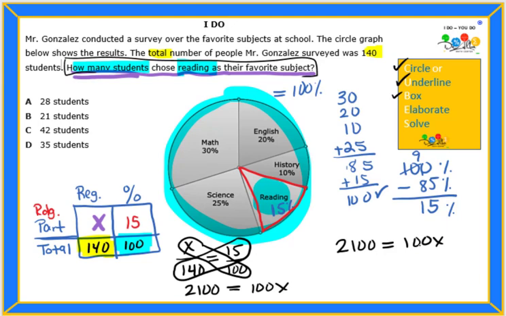So we are going to divide by 100. But whatever I do to one side, I have to do to the other in an equation. Now 100 divided by 100 is 1, and we're left with x, all alone, isolated, just the way we want it. And here we have 2,100 divided by 100.